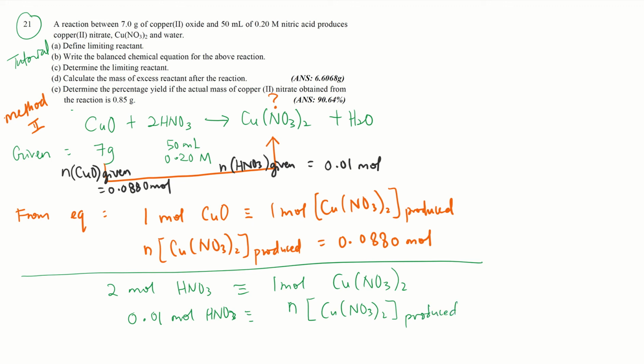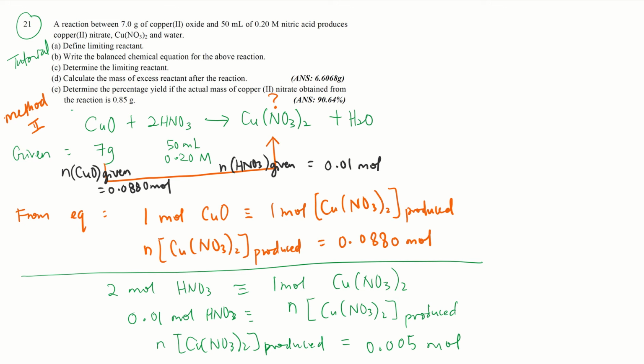After you calculate it, you will get the number of moles equal to 0.05 mole. From here, we compare which reactant will produce the lesser amount of product. That will be the limiting reactant.